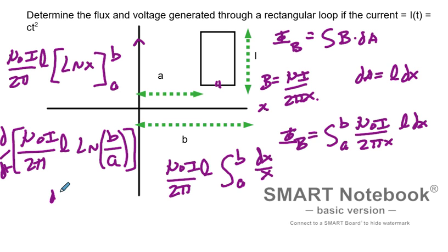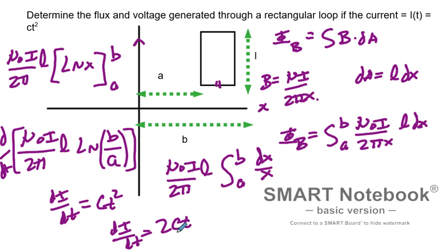So dI/dt is going to replace what current is here. So what is dI/dt? We're going to take that of Ct squared. And of course, that's a simple power rule. So we know that dI/dt is going to equal 2Ct.